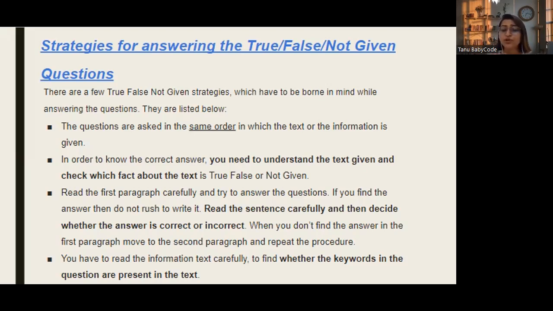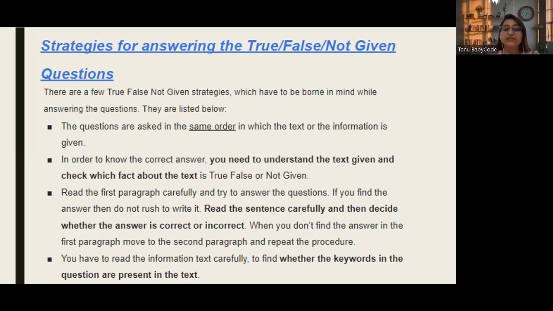In order to know the correct answer, you need to understand the text given and check which fact about the text is true, false, or not given, right? So first understand the text, check with the facts, and then check whether it is true, false, or not given.